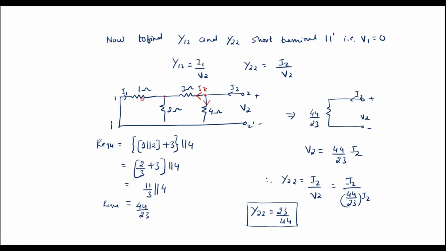Now the equivalent resistance between 1 ohm, 2 ohm and 3 ohm is 11 by 3, which is in parallel with 4. Let me draw that. So here we have equivalent value 11 by 3, which is in parallel with 4. So here it is I2 and this is V2, and here we can see that this is IZ.